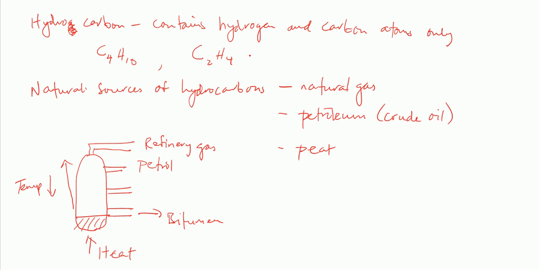In the case of bitumen, we use that for road surfacing and for fixing roofs, right? So you just need to understand the principle of fractional distillation of crude oil. Crude oil is more valuable if we separate it into fractions, because crude oil is a mixture of different chemicals, right? What you also need to know is what is meant by cracking.